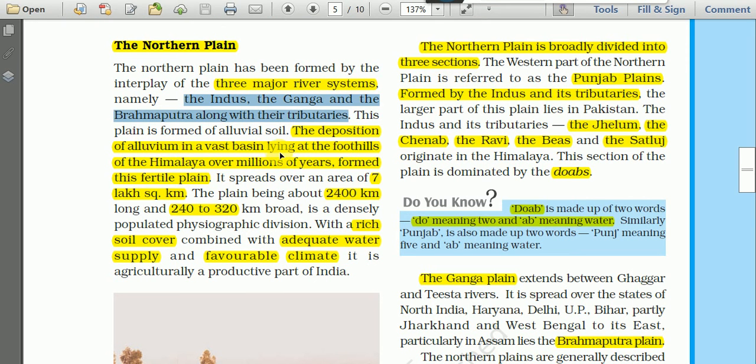The deposition of alluvium in a vast basin lying at the foothills of the Himalaya over millions of years formed this fertile plain, as I explained earlier. Alluvium means all the materials, the fine materials and of course materials carried down by the running water, by the rivers, in a vast basin lying at the foothills of the Himalayas over millions of years, forming this fertile plain.